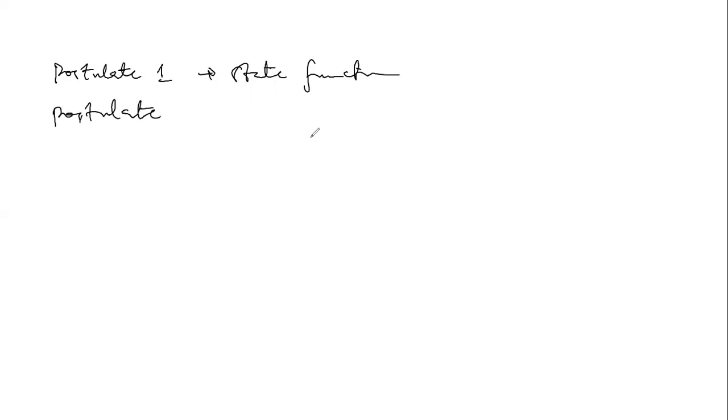We have postulate 1, which has to do with the state function. And then postulate 2, I'm going to come back to the expectation value. What we just did was to show how to evaluate the expectation value. Now we'll see how the expectation value brings us to Heisenberg's uncertainty principle.